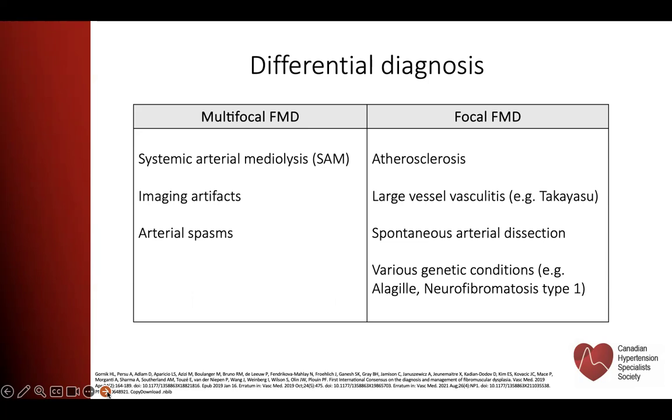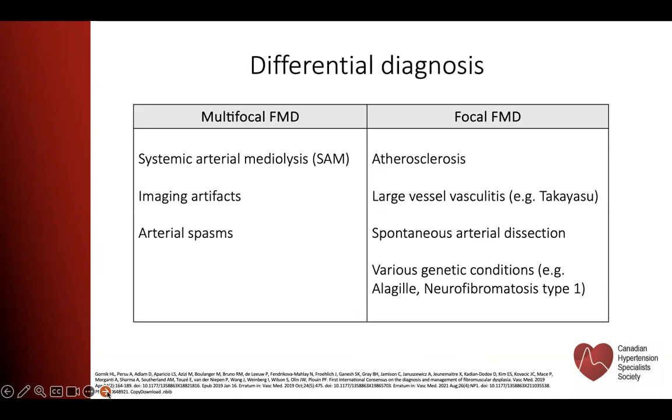Most often it affects the abdominal visceral arteries, and it can present with occlusions, aneurysms, dissections. And the definitive diagnosis is actually made by pathology. Sometimes patients present with imaging artifacts, either on MRA or CTA, which are suspected to be FMD, but then turn out not to be. And if someone's having an angiogram, arterial spasms can also occur.